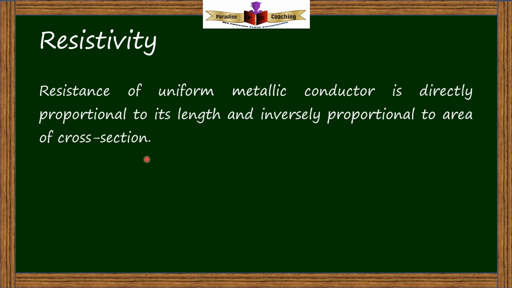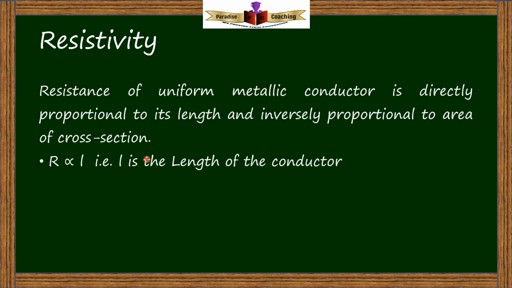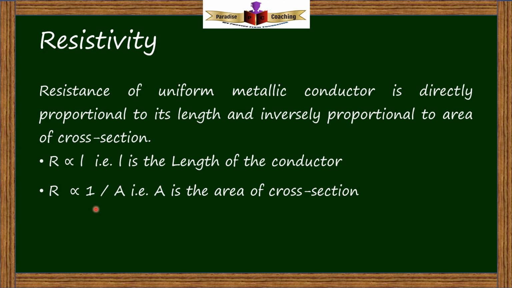So mathematically I can write it like this: R proportional to L. The resistance will be more if the length of the conductor is more, and less if the length is less. And it is inversely proportional to the area of cross section, so R proportional to 1 upon A. That means they are inversely proportional.